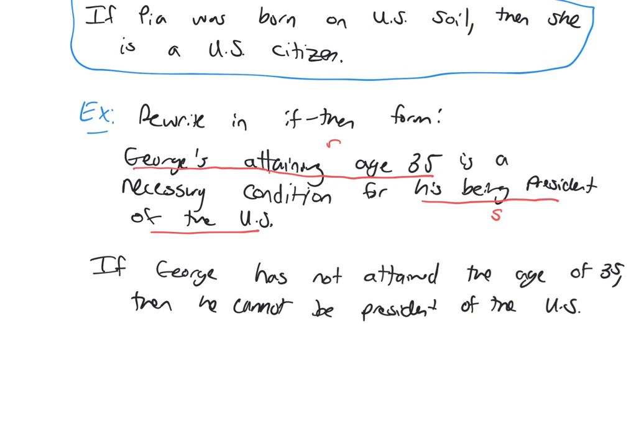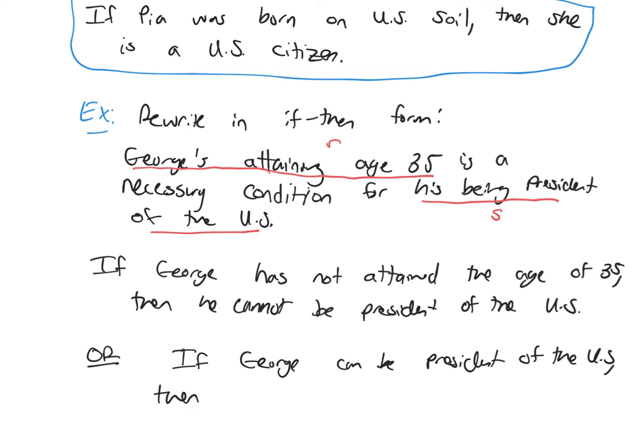There's also another way, right? Take the contrapositive of this statement. So then it would be if S, then R. So if George can be President of the U.S., then he has attained the age of 35.